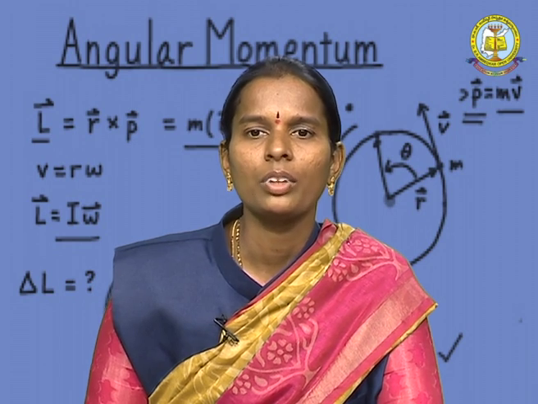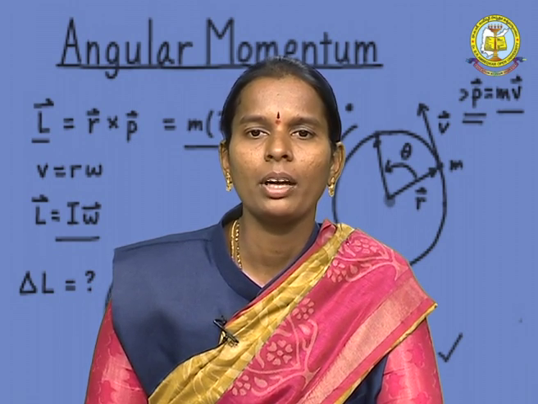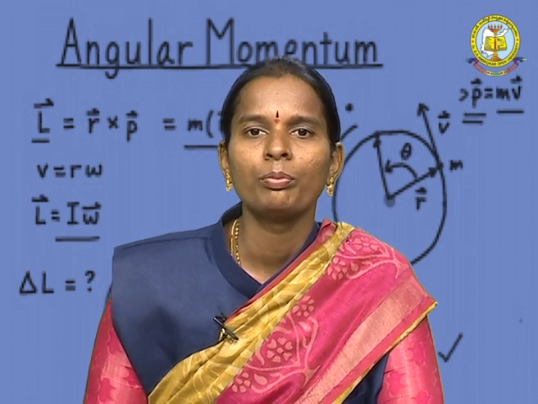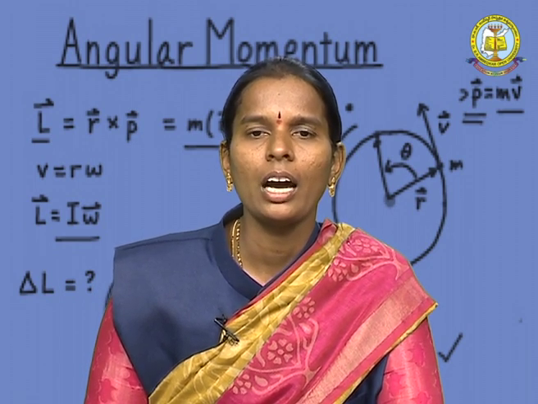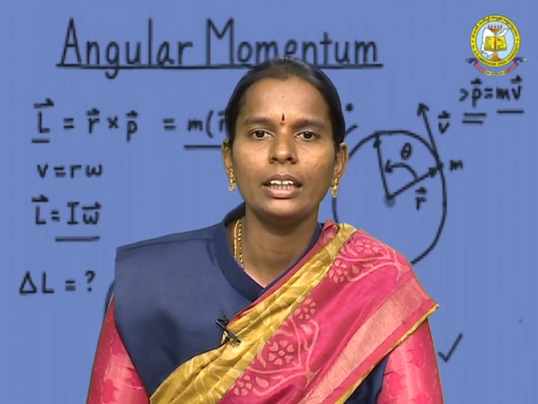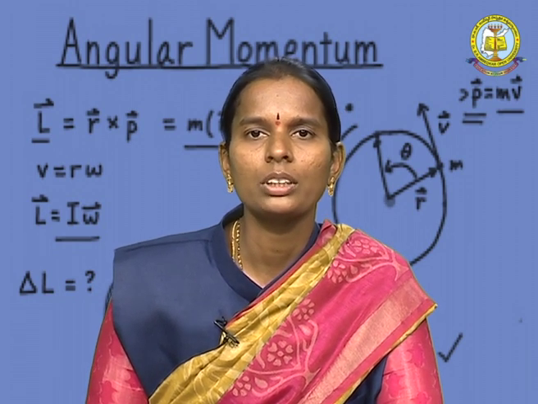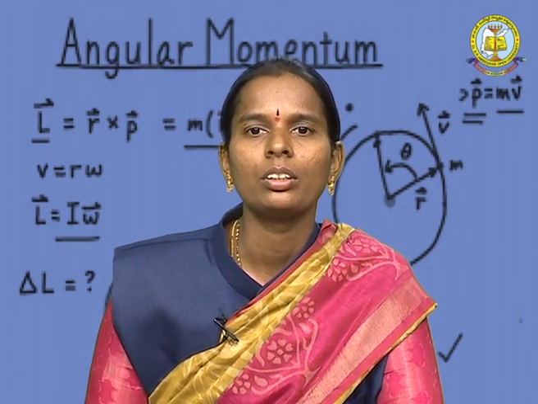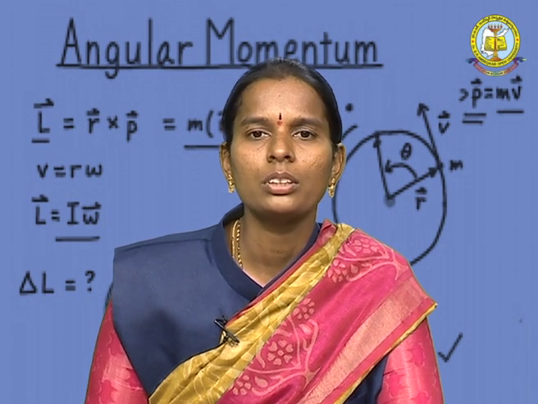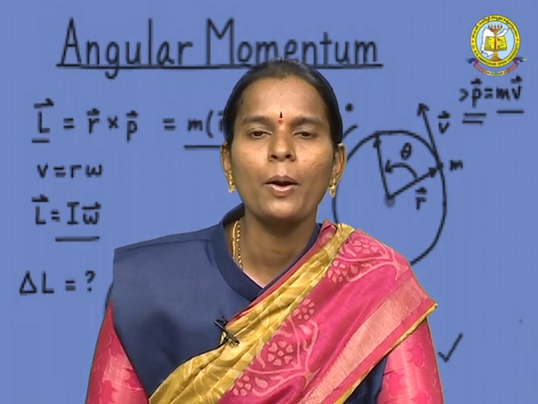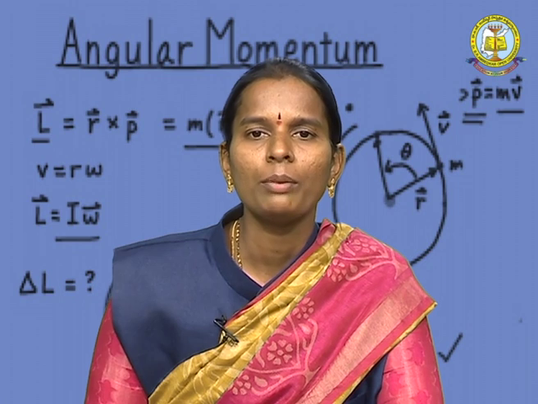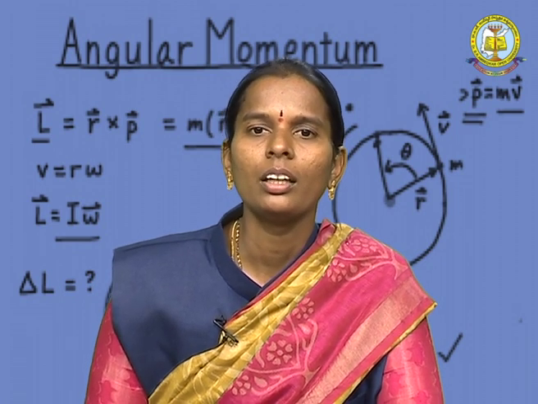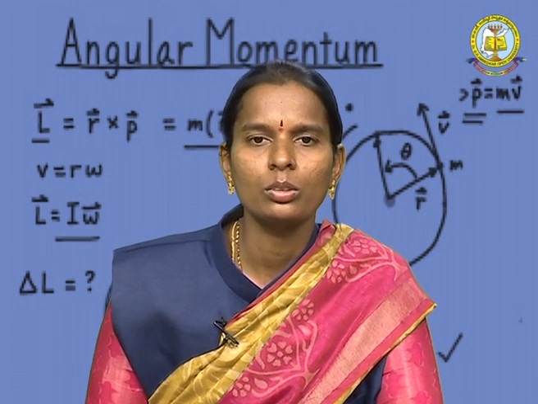The rate of change of the angular momentum is given by dL/dt = d/dt (r_i × p_i), so dL/dt = r_i × dp_i/dt. From Newton's second law, F = mass × acceleration, so the external force is equal to the rate of change of the linear momentum, dp_i/dt. If there is no external force, then dp_i/dt is also 0.